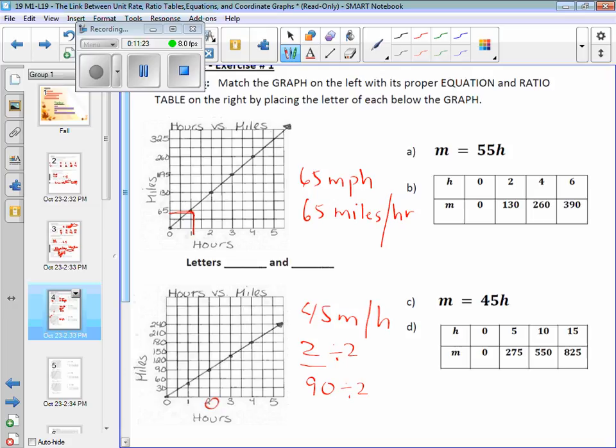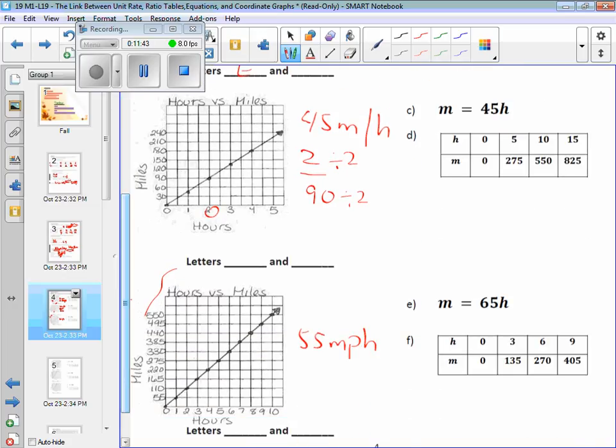Let me restate it. Look at all of your choices. My only choices are A, C, and E. Which one of those three choices is showing you 65 miles per hour? Correct. So you put the letter in E. Which one's showing 45 miles per hour?